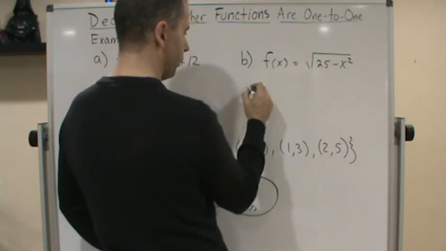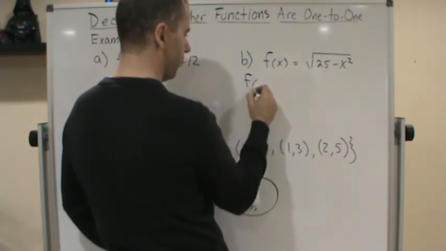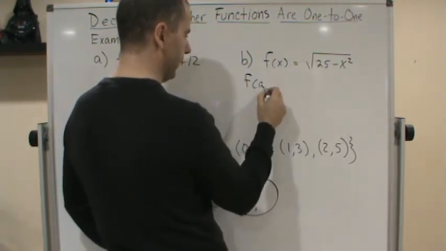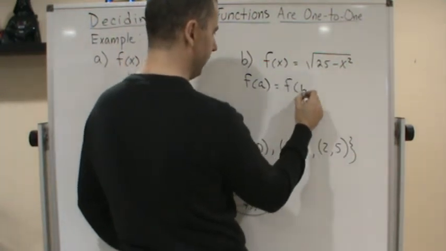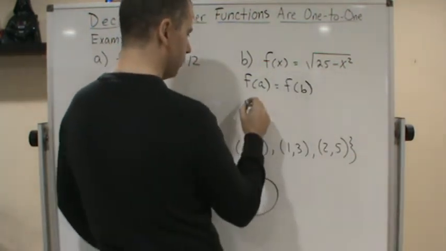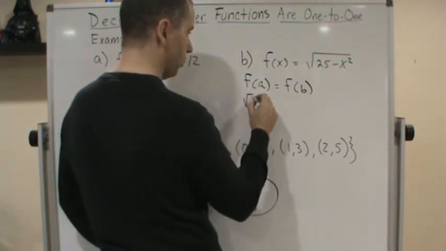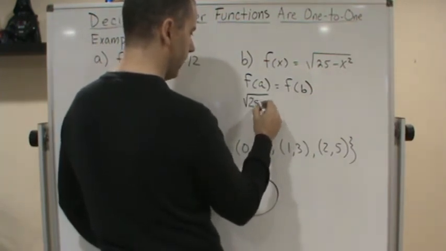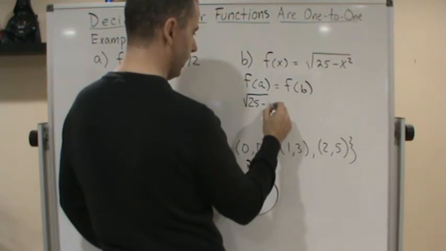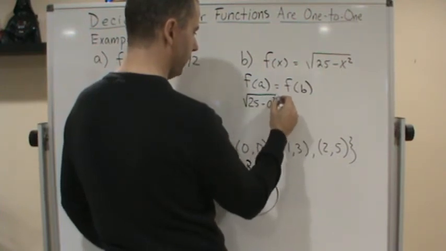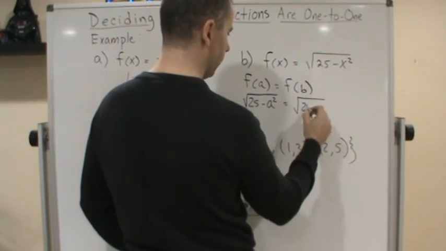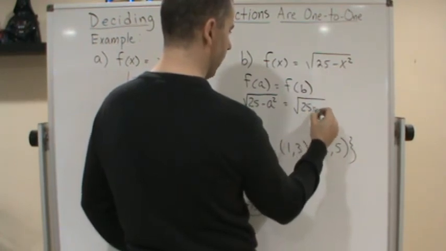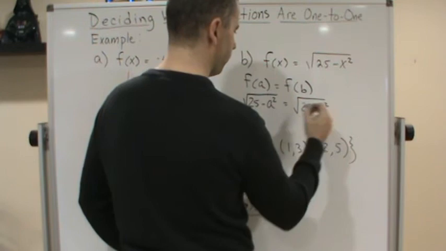So we're going to start with, again, we're going to assume for any two values, A and B, that f of A equals f of B. Which means we're going to say that the square root of 25 minus A squared is equal to the square root of 25 minus B squared.